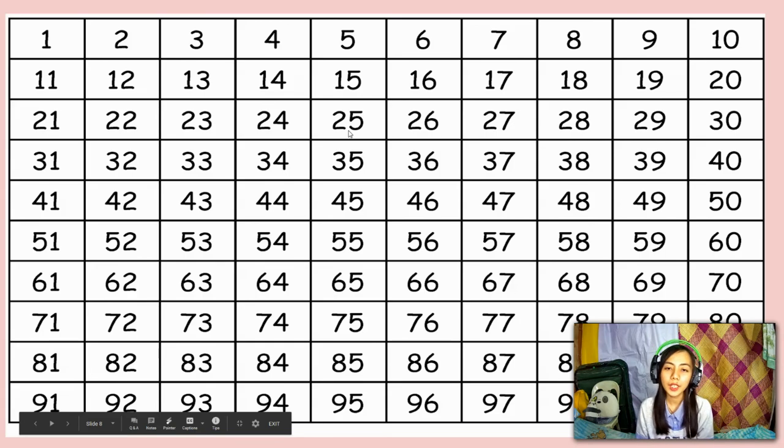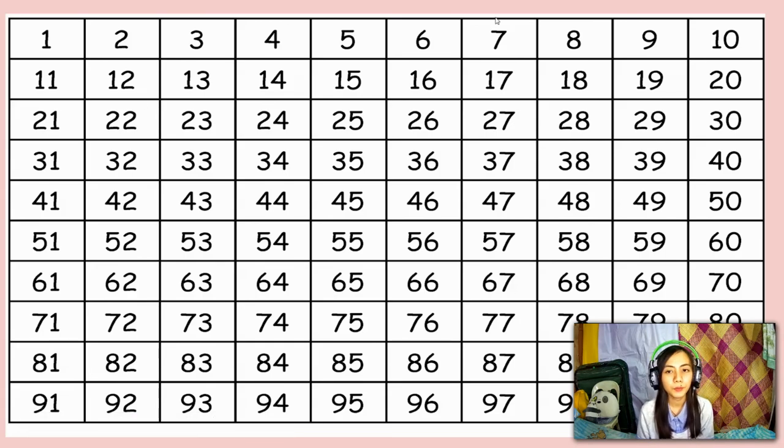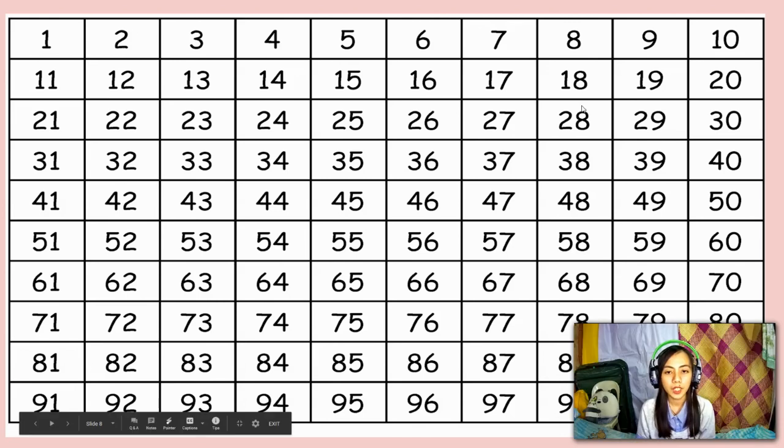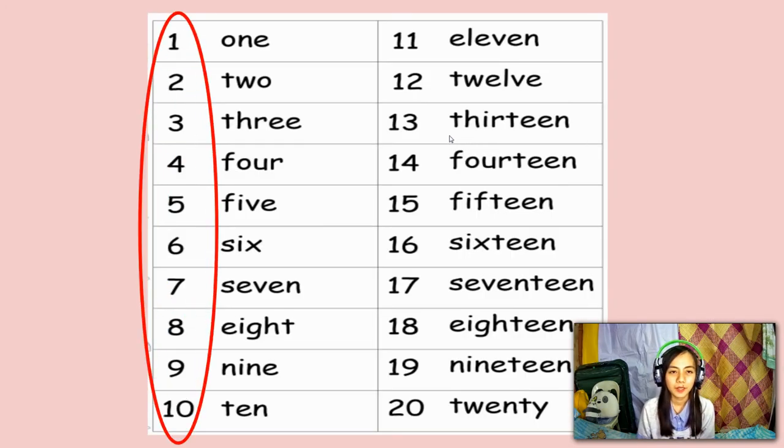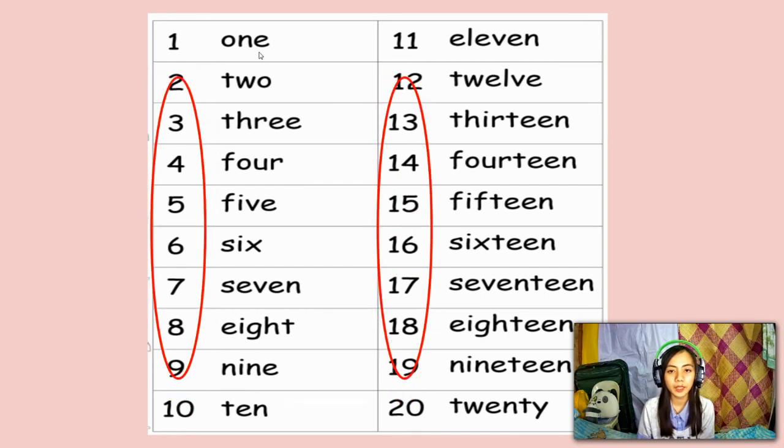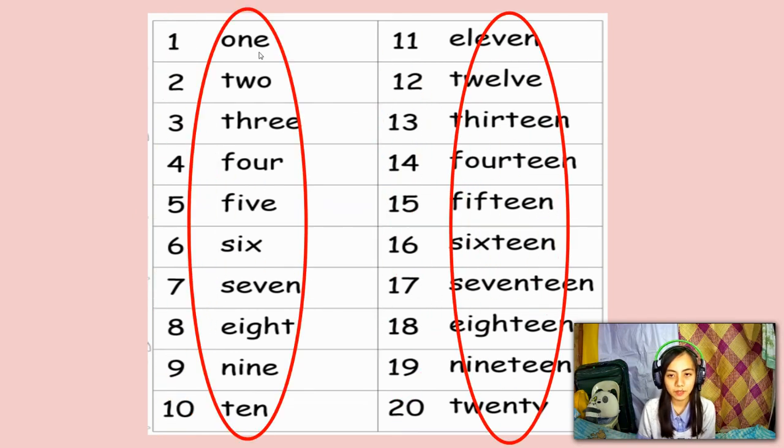Now, so I have here a table, numbers 1 to 100. It is very easy to remember numbers in symbols. But, of course, you must also know how to write it in words. So we have here a table from numbers 1 to 20 with its symbol and also with its words.